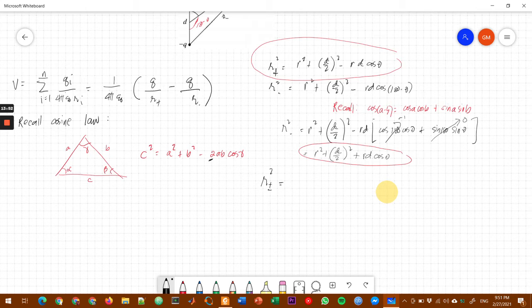That's actually R squared plus D over 2 squared, with minus for R plus, and plus for R minus, RD cosine theta.